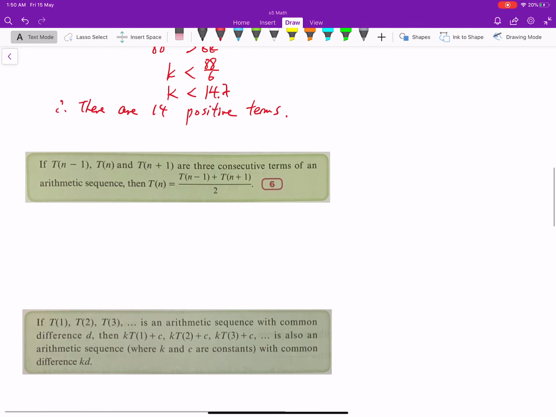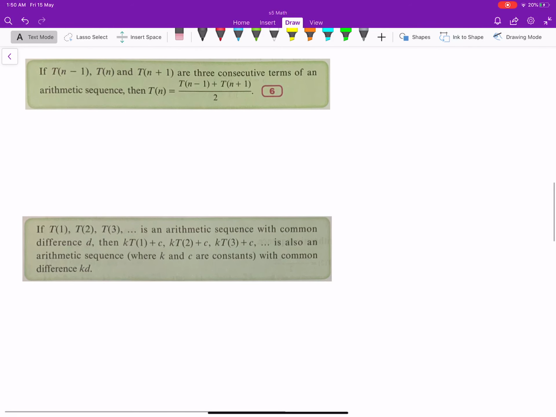So here we come to 2 more properties of arithmetic sequence. If you ask me, these 2 are not necessary to remember, okay, hardly. But this is like some applications of the concept of the arithmetic sequence.